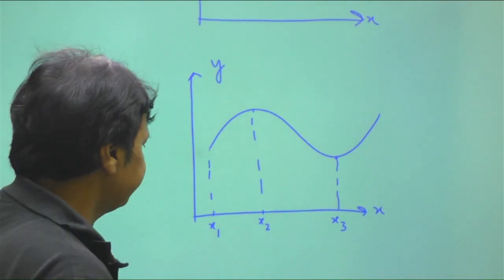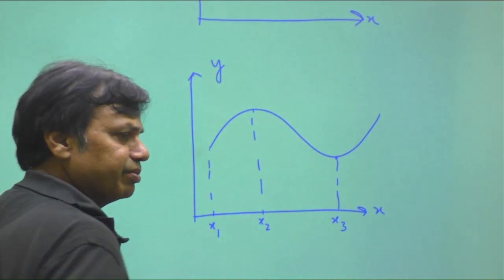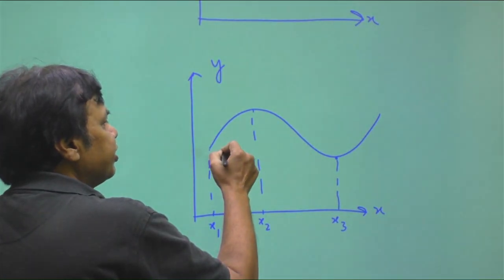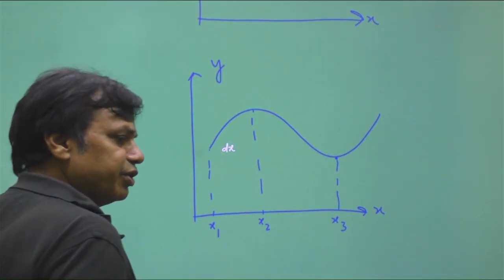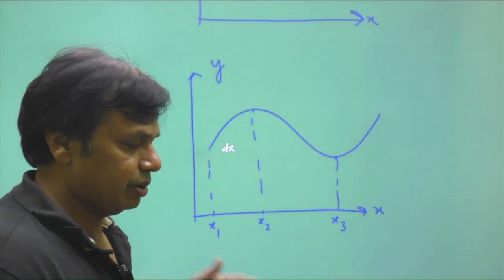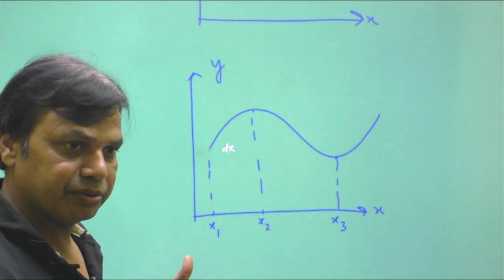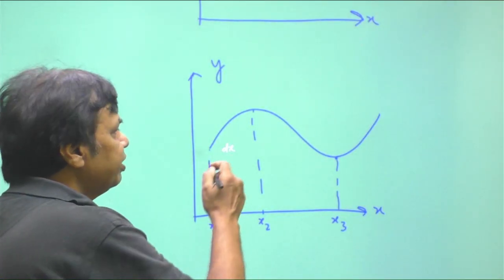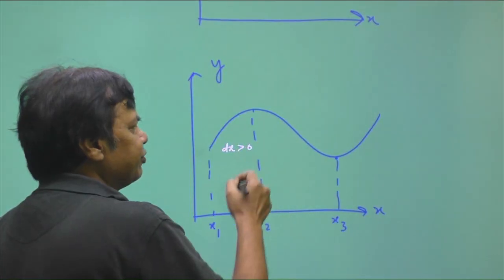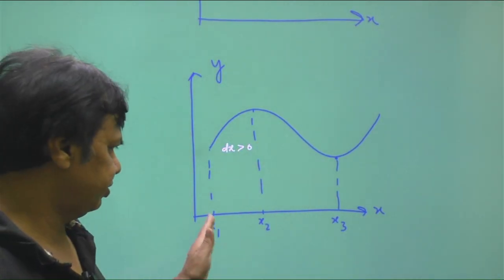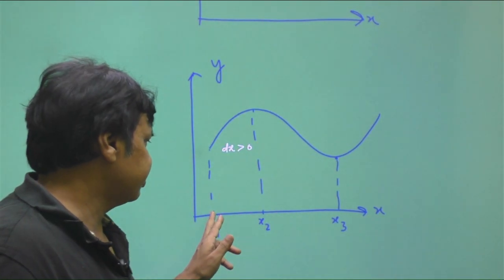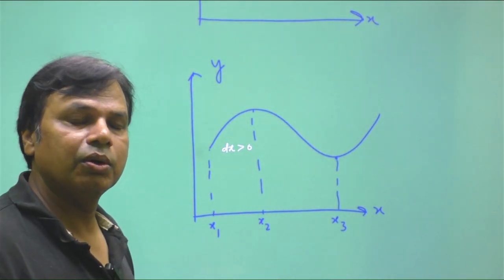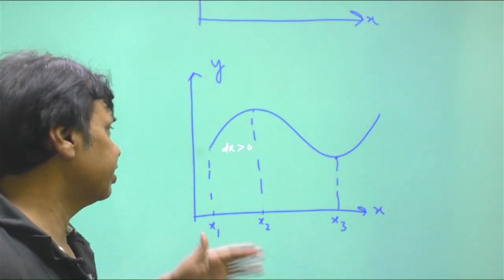That means in this region between x1 and x2, the change in x that we usually call dx, if we make our changes infinitesimally small, dx will be greater than 0. It will be positive because for every x that starts from x1 and goes to x2, the later x is greater than the previous one.